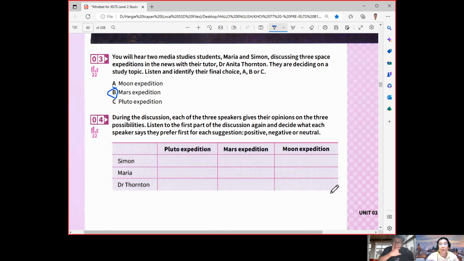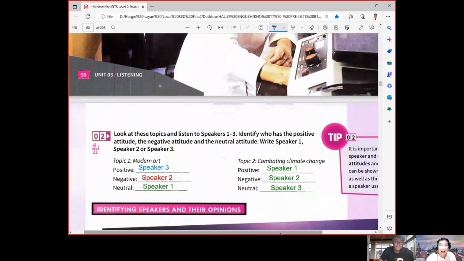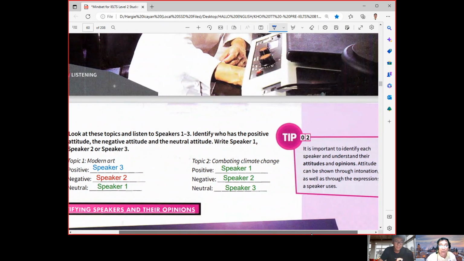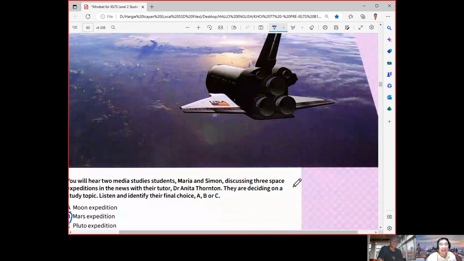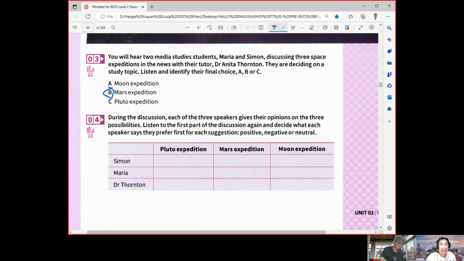So we will identify their emotions, identify their opinions, and identify their attitude through that particular discussion. Okay? And that would be by tomorrow.